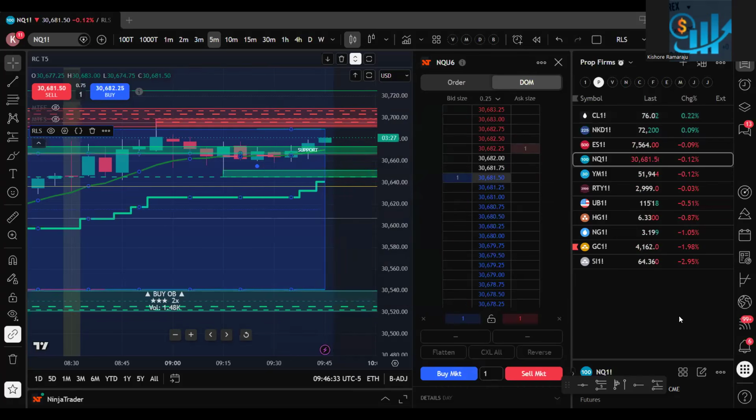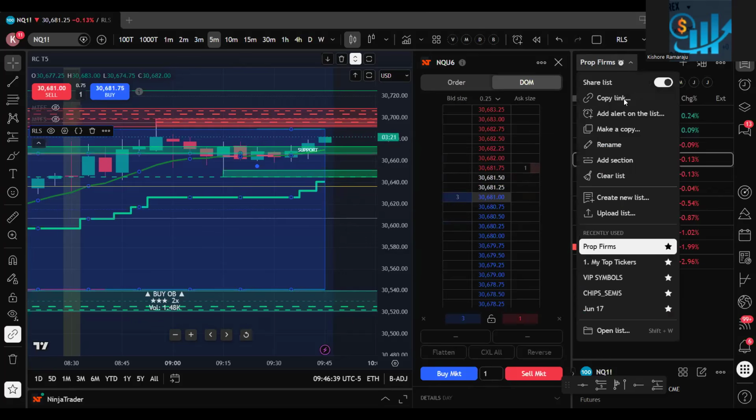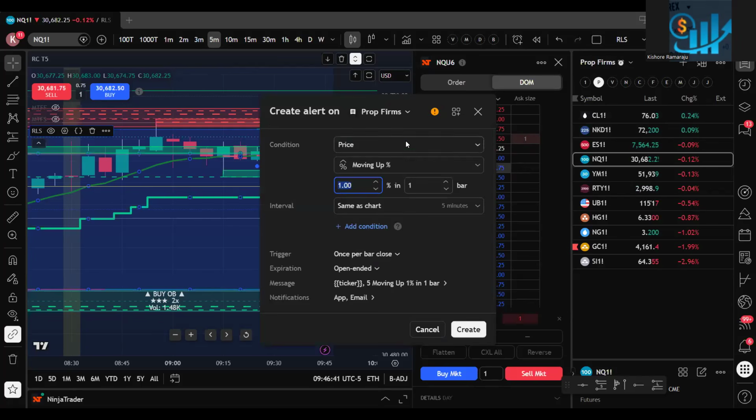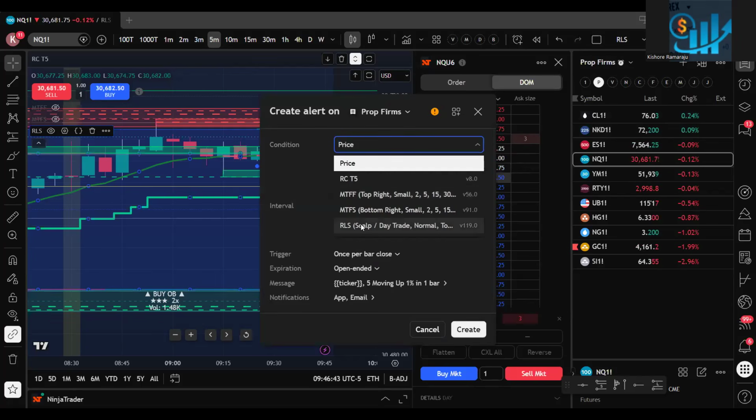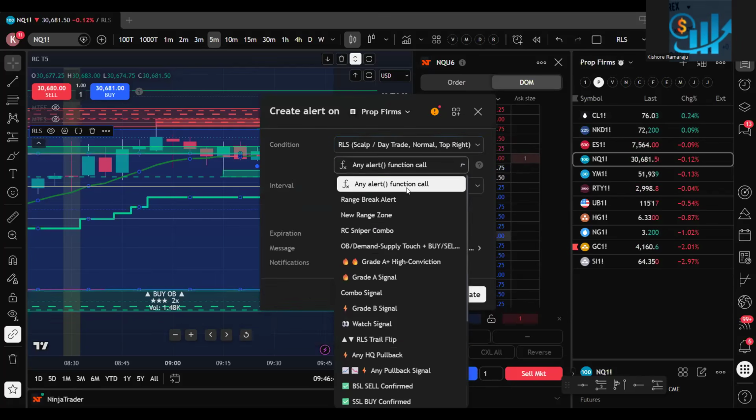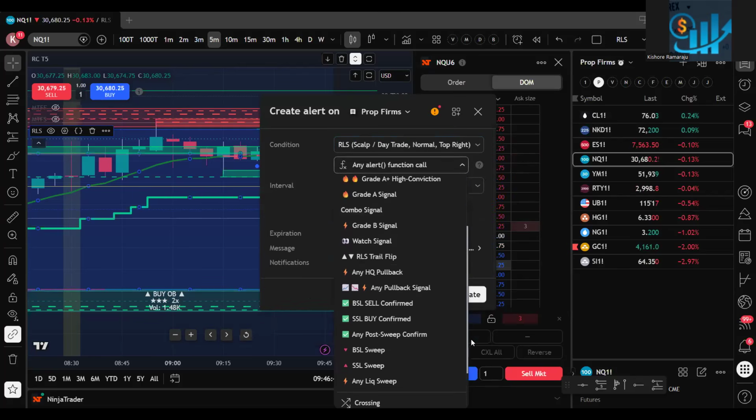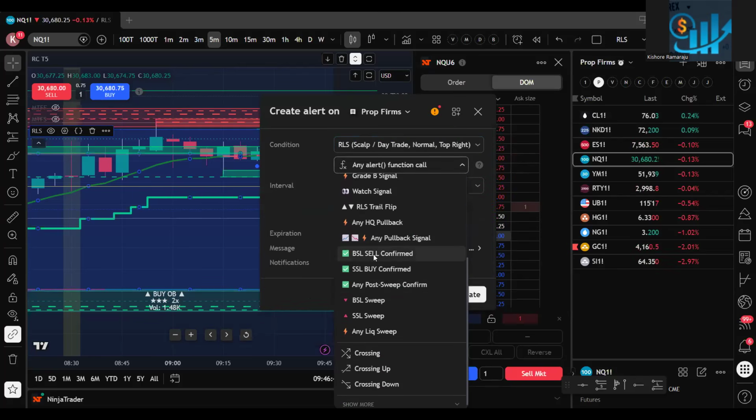So that is one type of alert we set. Then there is another type of alert you can set. You select the indicator, and for example I want to know even before the sell signal or buy signal comes, whenever the sweep is happening, whenever that liquidity sweep happens, I want to know at that time itself.